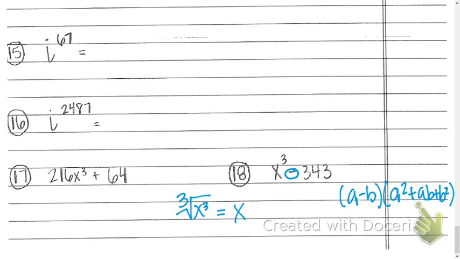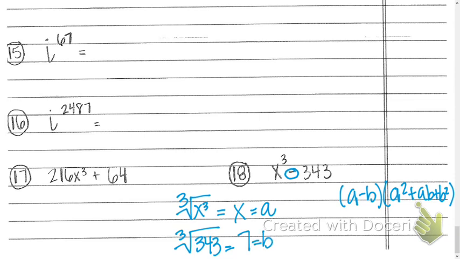So since this is the first term, that's A. So the cube root of negative 343. You don't use the signs, just use the numbers. The cube root of 343 is 7.